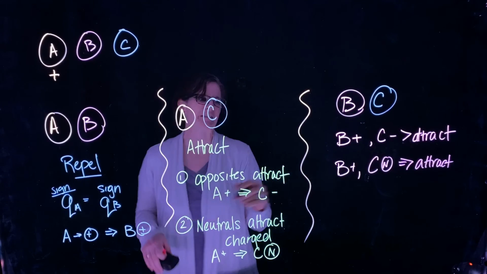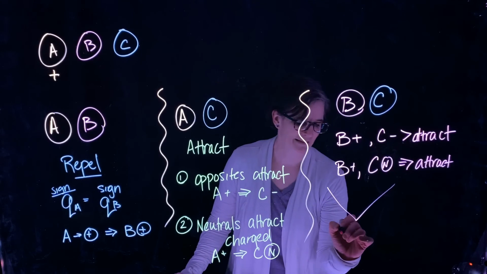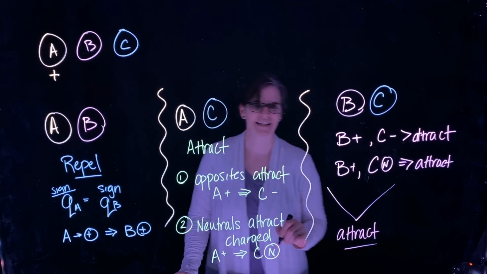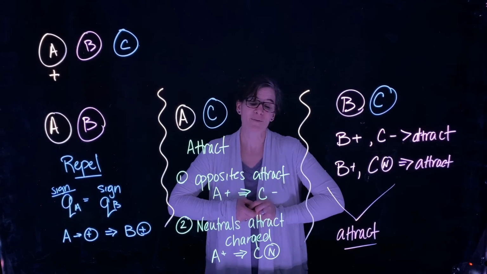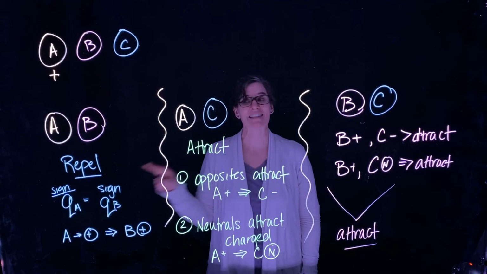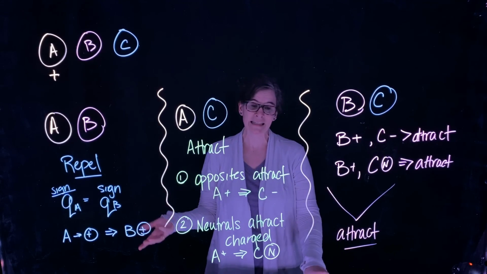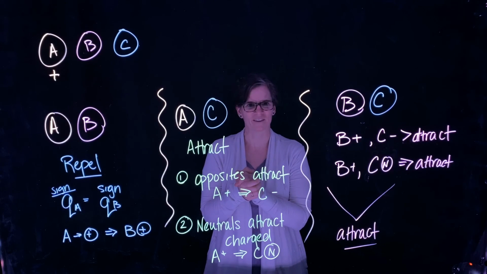So under all conditions, since I know C is not positive, I'm going to see object B and C attract. So I'm still stuck with knowing A and B are the same and both positive, given that A is positive, and that C is either negative or neutral. All right, good job.